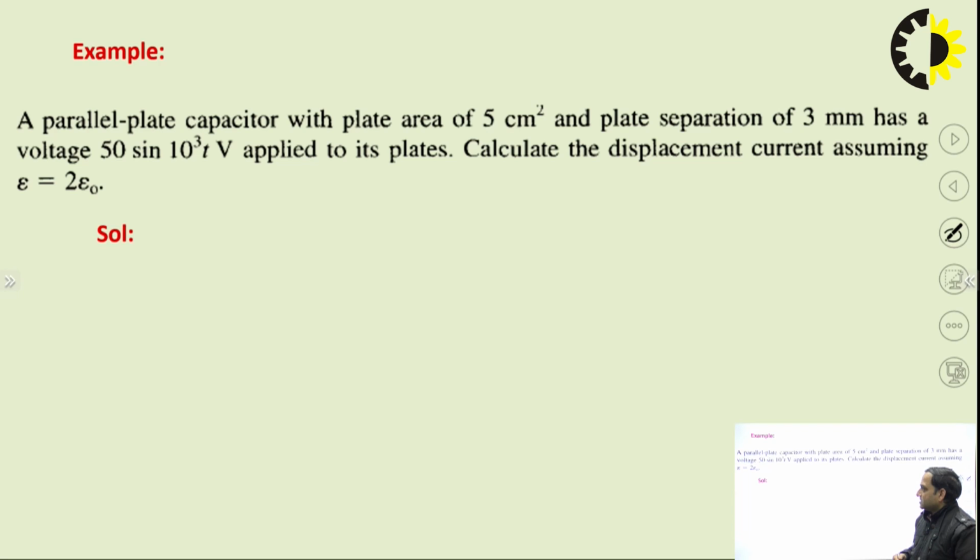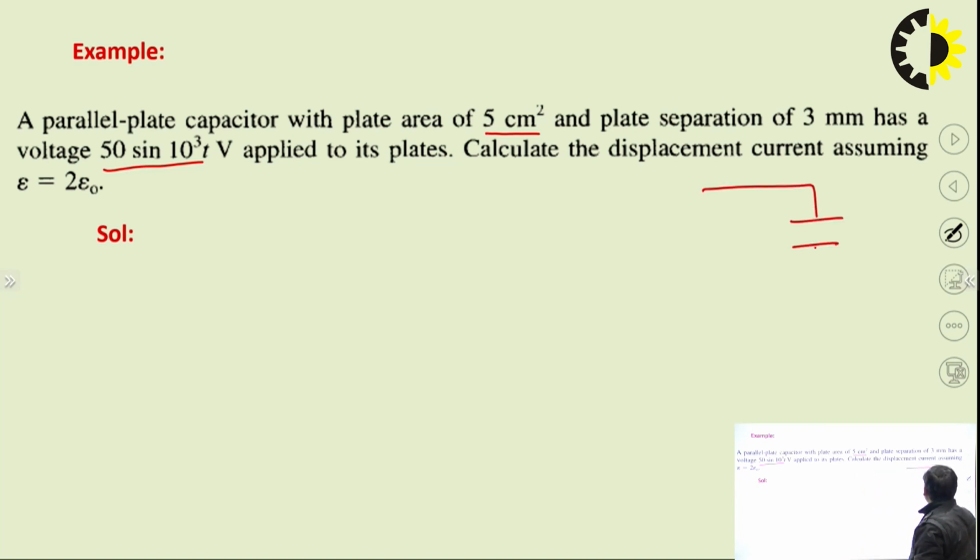So this is one of the examples we can go through: a parallel plate capacitor whose area is given as 5 centimeters square, and the plate separation is given as 3 mm. The voltage source applied to its plates is 50 sin(10^3 t). Then calculate the displacement current, where the permittivity is given as 2 epsilon naught. The circuit looks like this.